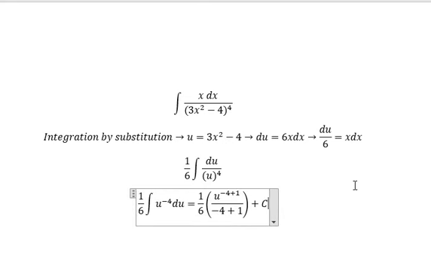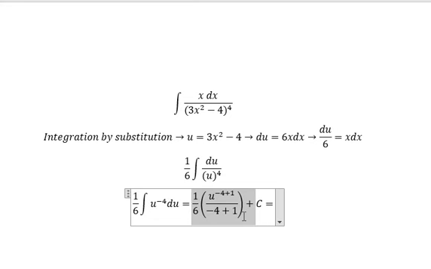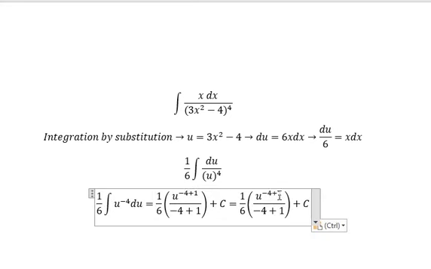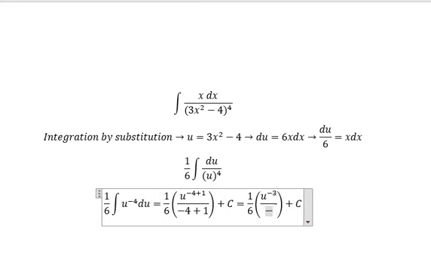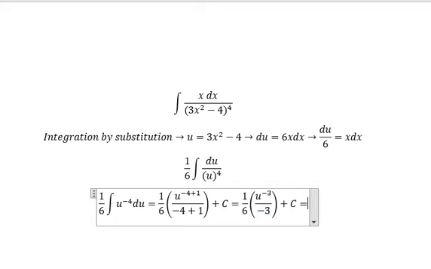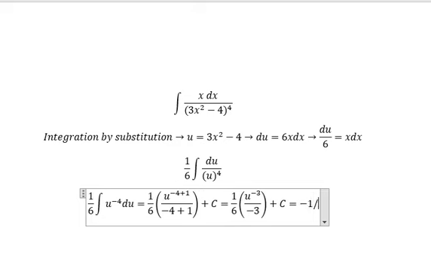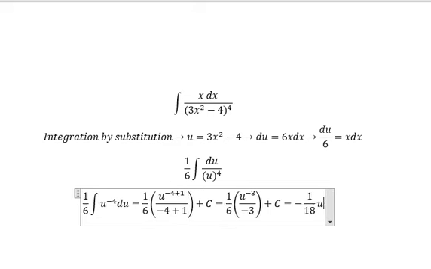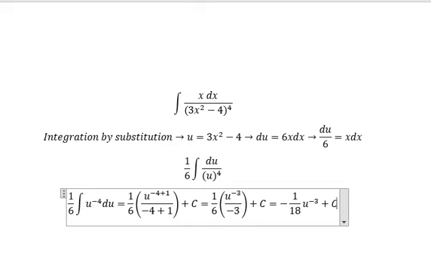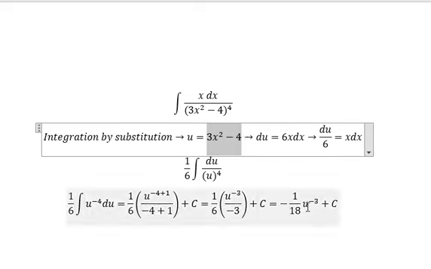And we put c in here. This one you get negative 3. Number 6 and negative 3, you get negative 1 over 18. For u, that's this one in here.